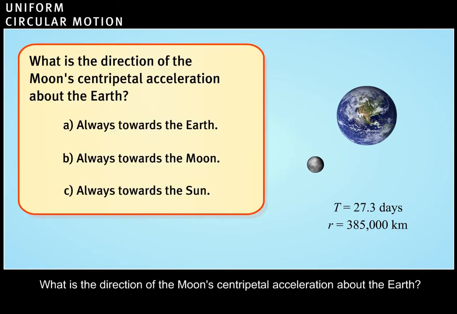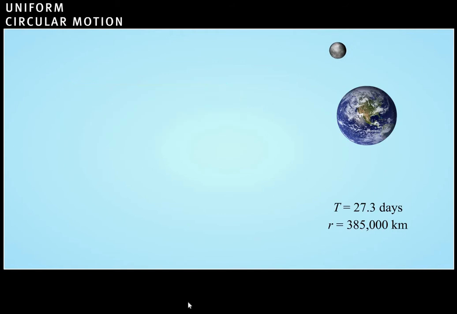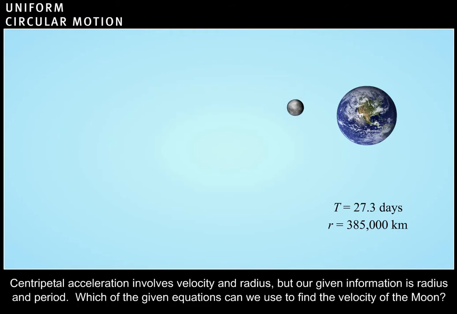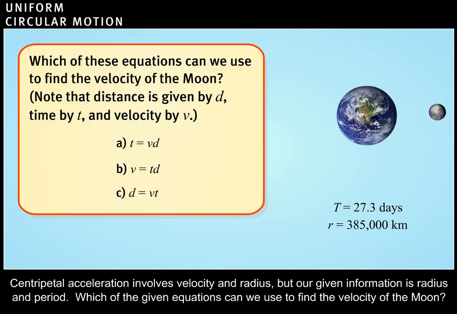What is the direction of the Moon's centripetal acceleration about the Earth? Correct. Centripetal acceleration involves velocity and radius, but our given information is radius and period. Which of the given equations can we use to find the velocity of the Moon?